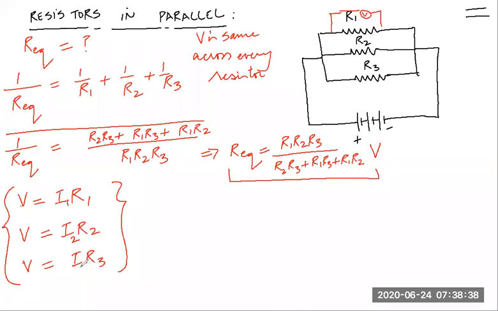I1, I2, I3 values would be different, and the product of I1 R1 is V, I2 R2 is again V, and the product of I3 R3 is again V. So this is the case here, right?